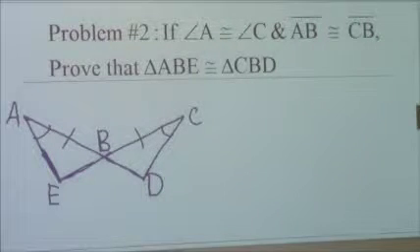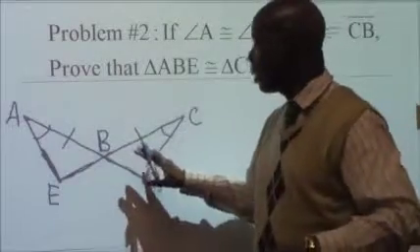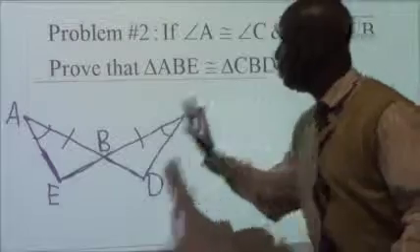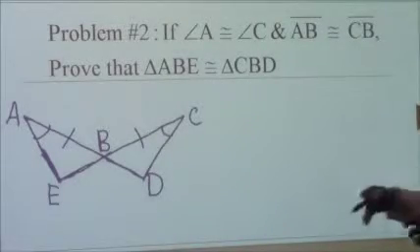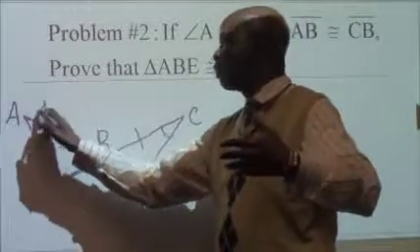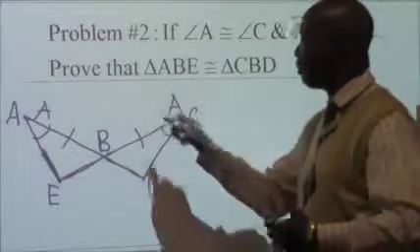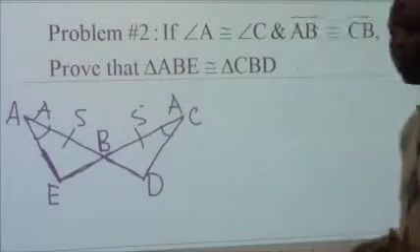Now I'm supposed to prove that this triangle over here, ABE, will be congruent to the triangle CBD. What I have so far is one angle from this triangle congruent to one angle from the other triangle, and one side from this triangle congruent to one side from the other.